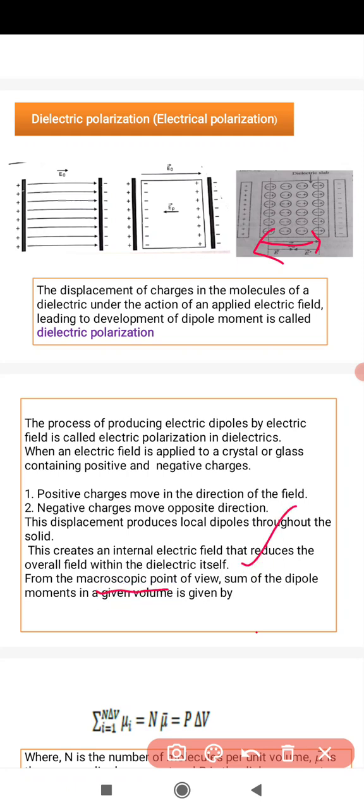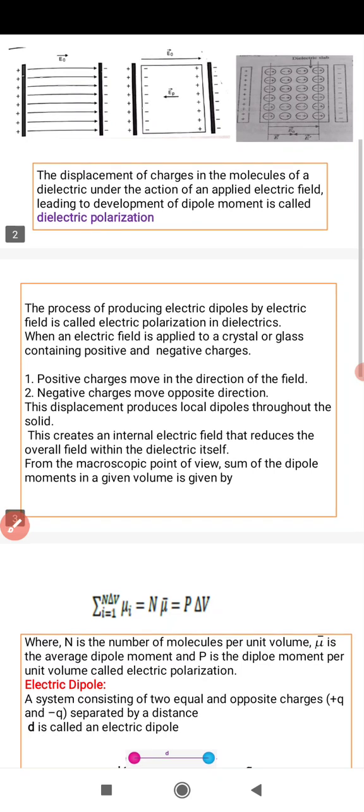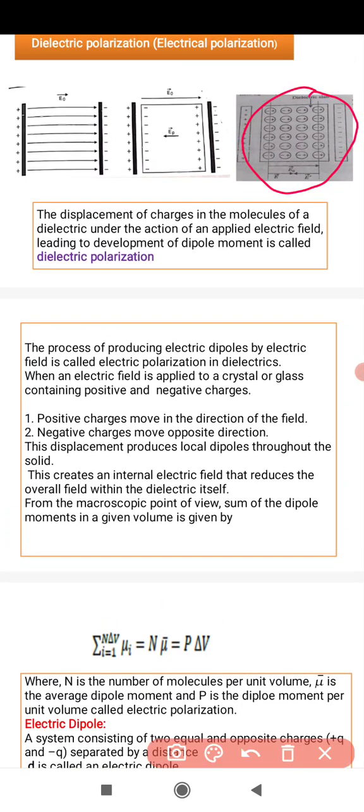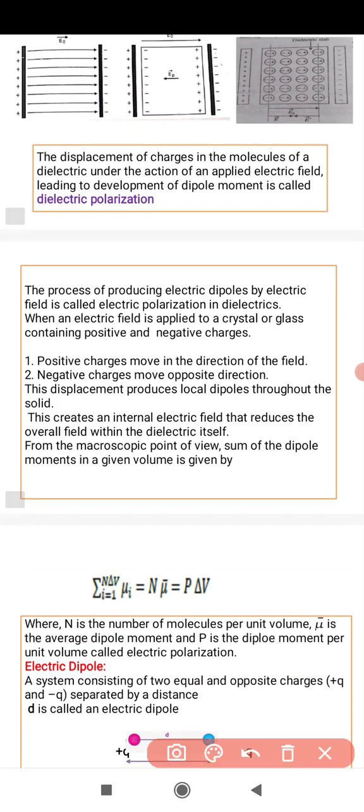From the macroscopic point of view, the sum of the dipole moments in a given volume is obtained. For solids having a large number of atoms, n number of atoms, the dipole moment is given by the summation over i equals 1 to n of delta V into mu i, which equals n into mu bar, which also equals P into delta V. Here n is the total number of molecules per unit volume in the dielectric material, and mu bar is the average dipole moment of all the atoms.